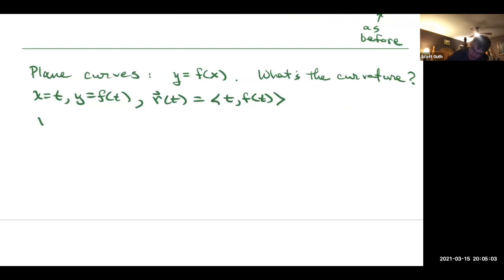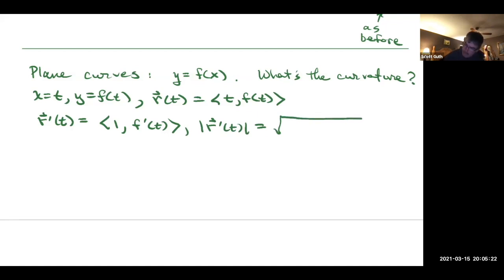So let's do r prime of t. Okay, so this will be 1, f prime of t, like that. And then the magnitude of r prime of t will be the square root of 1 squared plus f prime of t squared, like that.